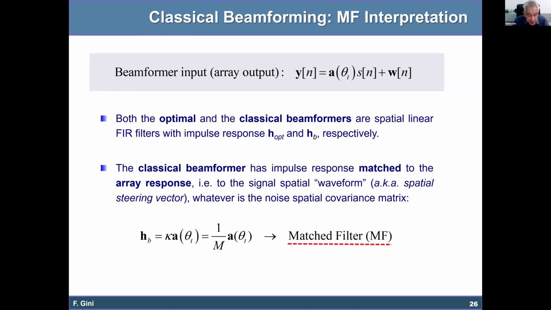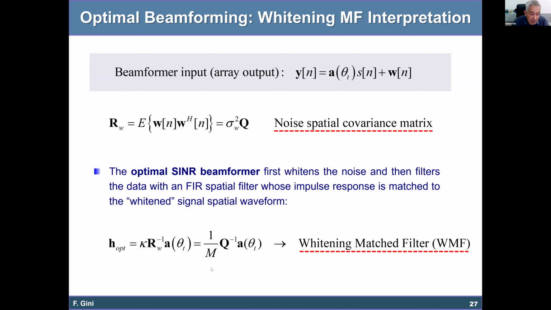So in radar, we call this interference jammer. So most of the time, the disturbance is not white. And so the matched filter is not optimal. What is the optimal filter? The optimal filter is what we derived previously.